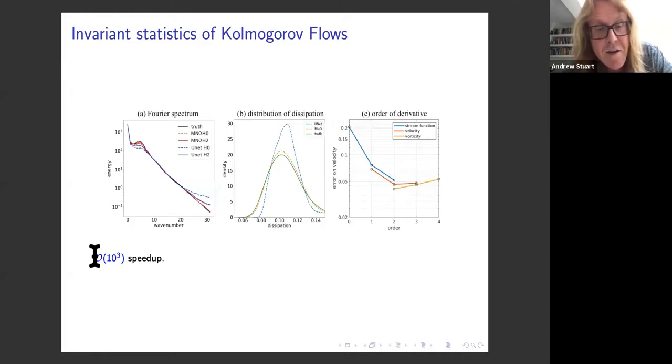I haven't shown you this, but we do Bayesian inference using that surrogate model computed from the neural operator. Any questions on this? Because I'm going to change to another architecture now.